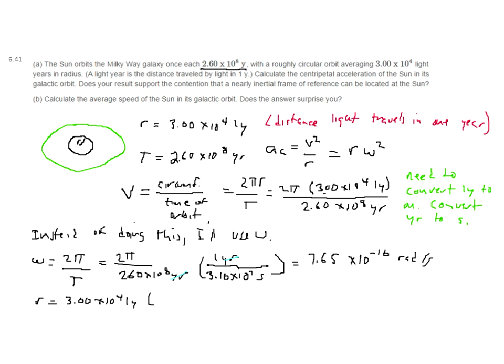So we can use our seconds again, 3.16 times 10 to the 7th seconds per year. And then since a light year is a unit of time, r is equal to time times velocity, or speed, so we need to multiply by the speed of light.